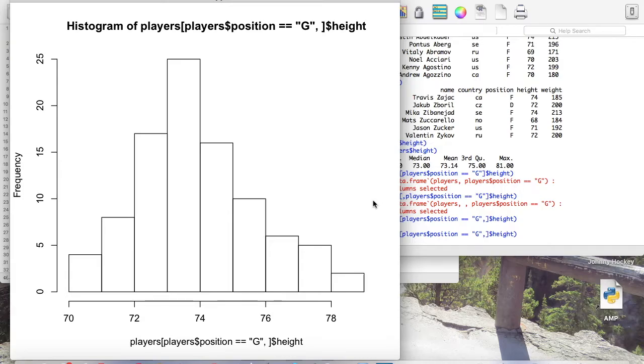So what do we see here? Well, when we just had the histogram for all of the players, what we saw is that the center of that data was around 6 feet and 6'1". So it was these two columns. But now for goalies, what we see is that the most goalies, so about I think 25 goalies, are at about 73 inches, which would be 6'1".